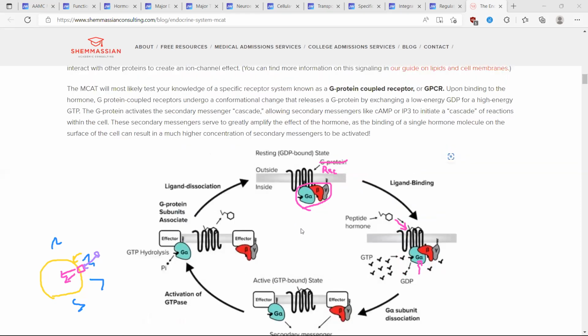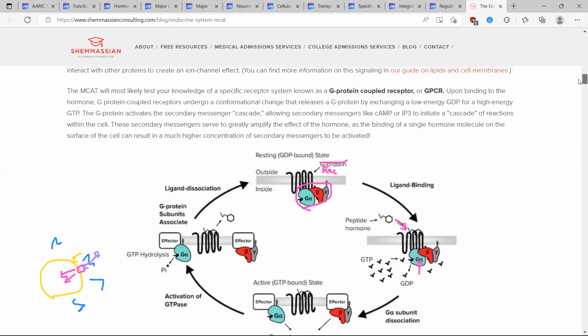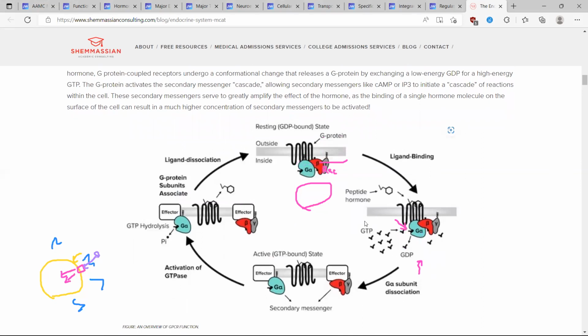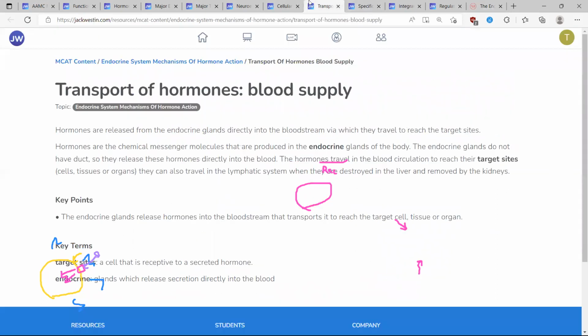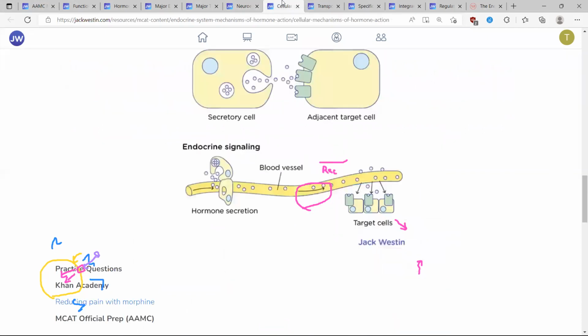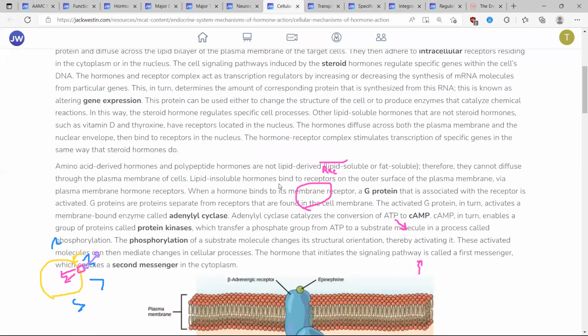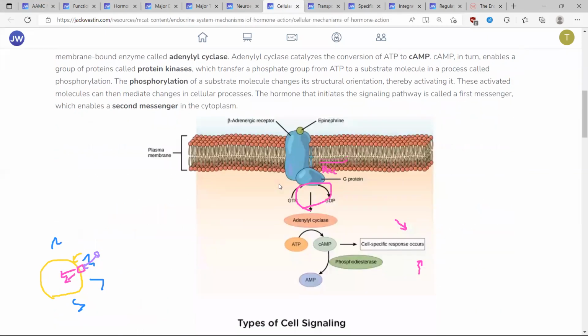So let me see. Wait, let me see if there's a better picture. Ah, yes. Okay, this is what I'm talking about. So for example, we can see here.